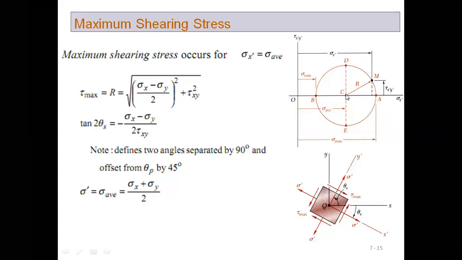The corresponding normal stress is sigma average. So to the maximum shear stress, the associated normal stress is always the average normal stress, and its value would be sigma x plus sigma y by 2.